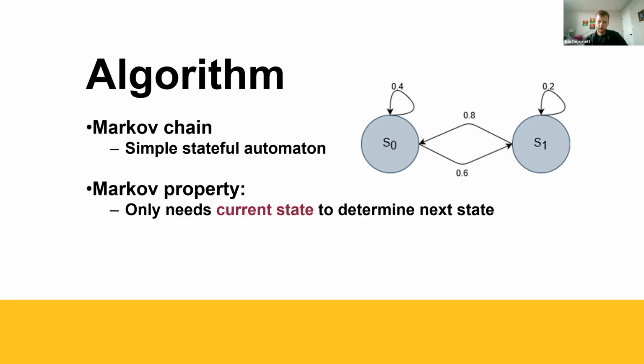If you're in S0, the probability that you will be in S0 at the next time step is 0.4. The probability that you'll be in S1 at the next time step is 0.6. These transition probabilities are a pretty big feature of this stuff. But the important thing is that you only need the current state to determine the next state.